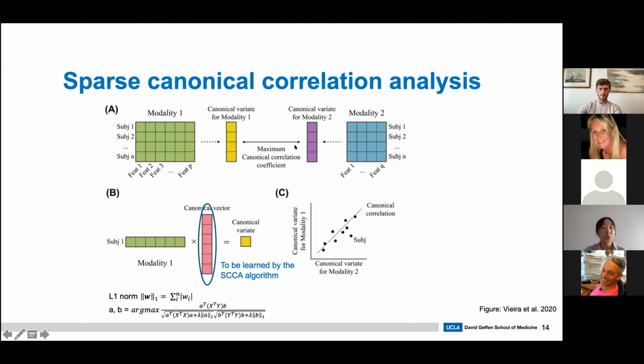Eventually we get multiple pairs of canonical components, each with a different canonical correlation. Then in our analysis, we just averaged each pair of those components together to get a fused 1D feature representation.